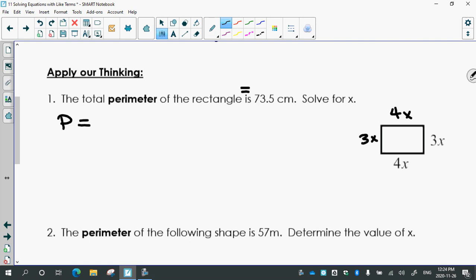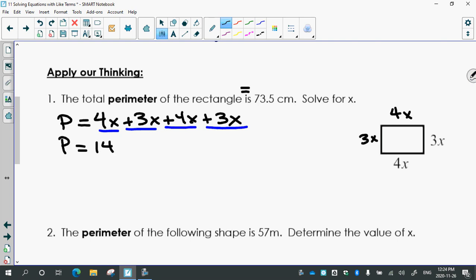You can add them up. 14. Yes, 14 x's. Okay, good job. If you can't add around, then you would line them up and then realize they're all the same. Get them on your calculator and get P is 14x. Okay, which is correct.